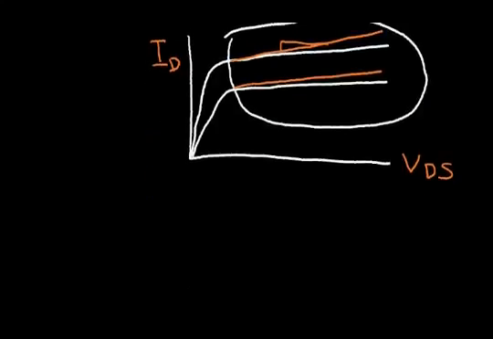So let's summarize what's happening here. Let's redraw this current versus voltage, where this is the voltage drain to source. This is the current in the drain. And as we apply a gate voltage to this NMOS transistor, if the drain to source voltage is 0 or very small, we have what looks like a resistor.